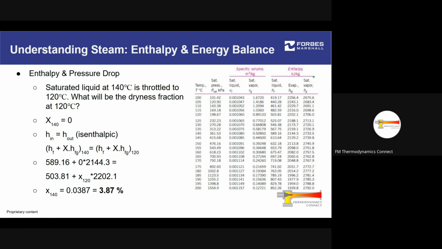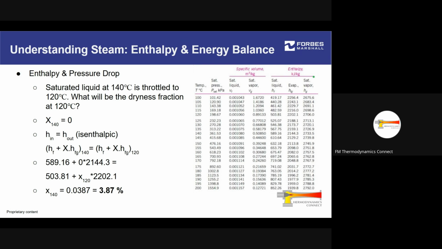Now, please understand what is happening here. If you look at this as a process, from inlet to outlet, the inlet was saturated liquid and the outlet has a certain dryness fraction. That means some quantity of that saturated liquid earlier has converted to some quantity of steam, approximately 4%.